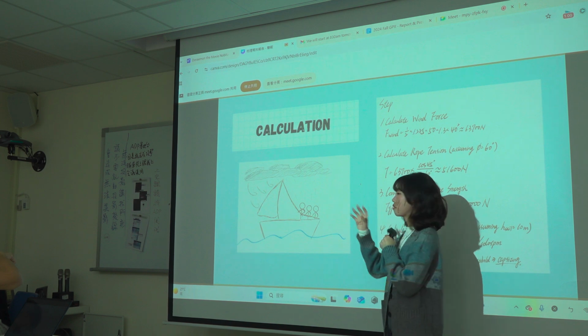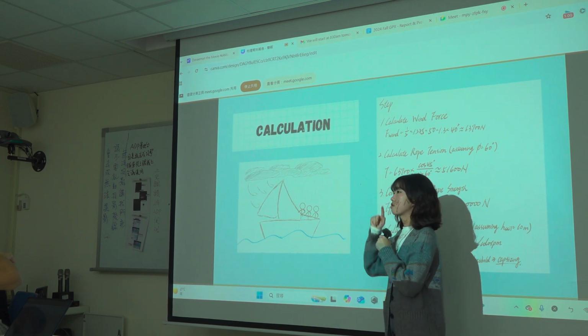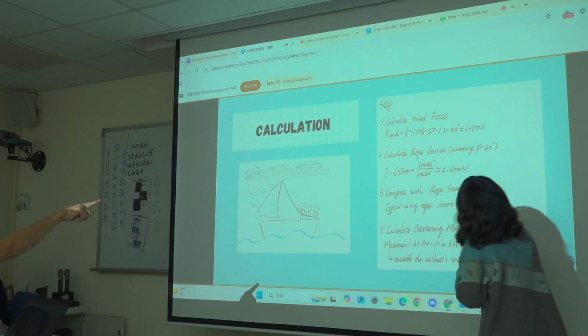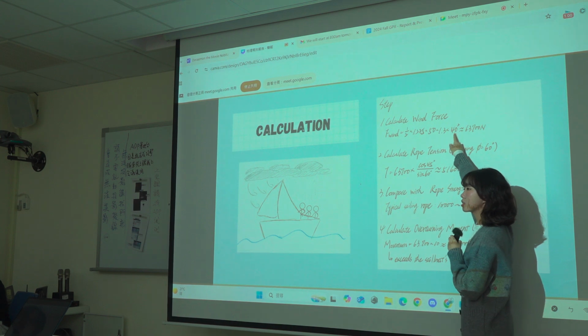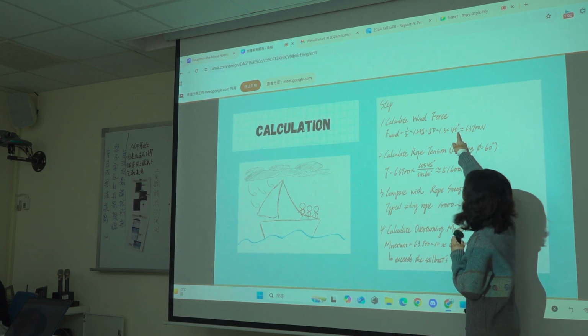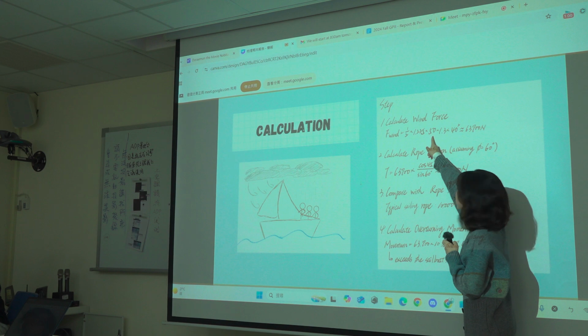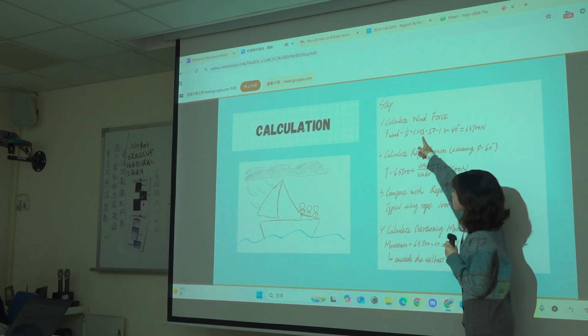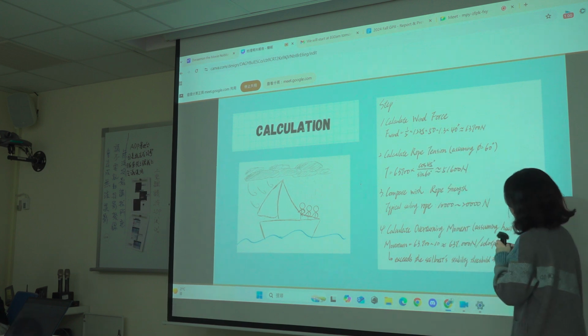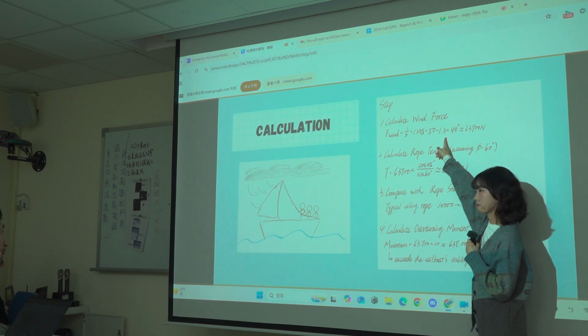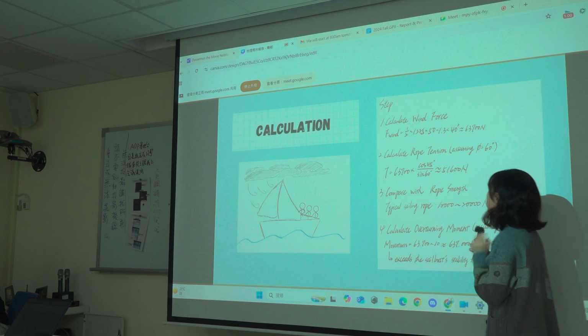I assume it's 50 square meters. 40 is the wind speed, and this is the area. Okay. And air density. And drag coefficient.